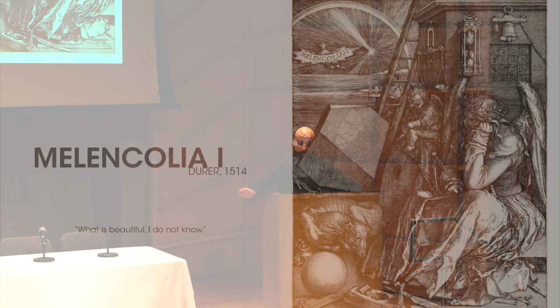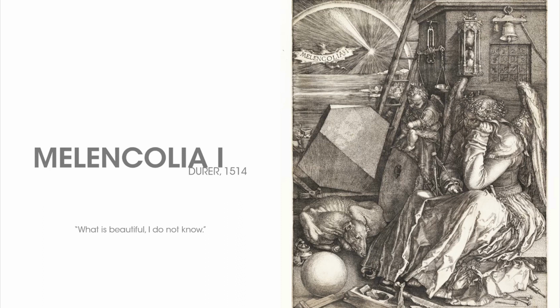And guess what? The question is not new. This is my reading of Albrecht Dürer's engraving from 1514, called Melancholia I. He depicts his soulmate in this engraving, and interestingly, he said, what is beautiful, I do not know.